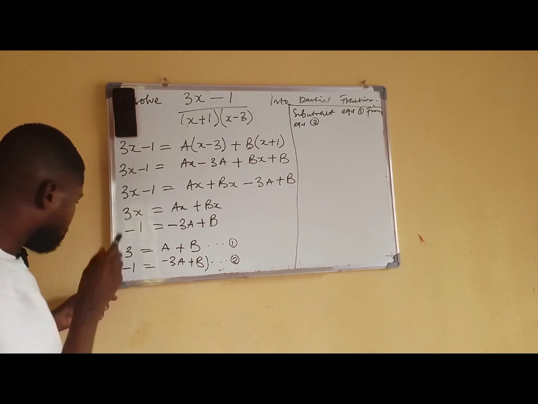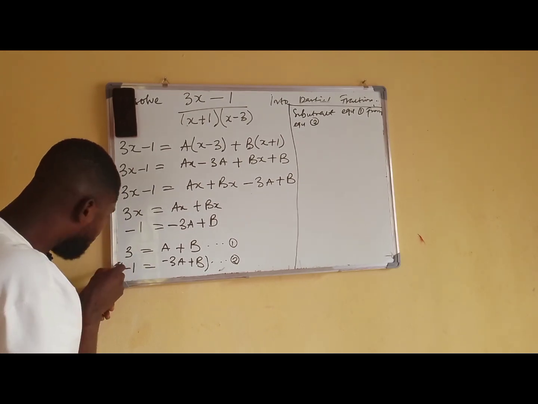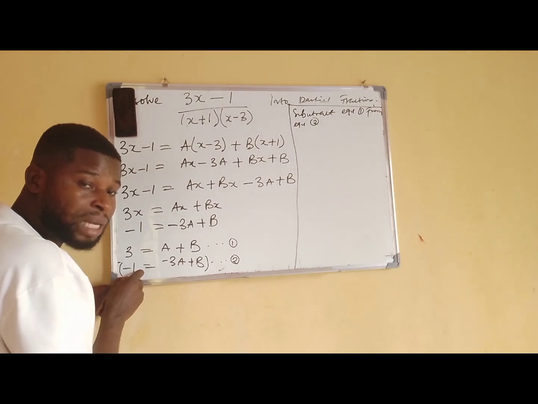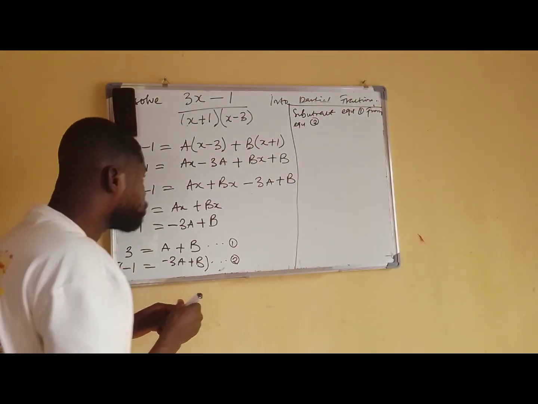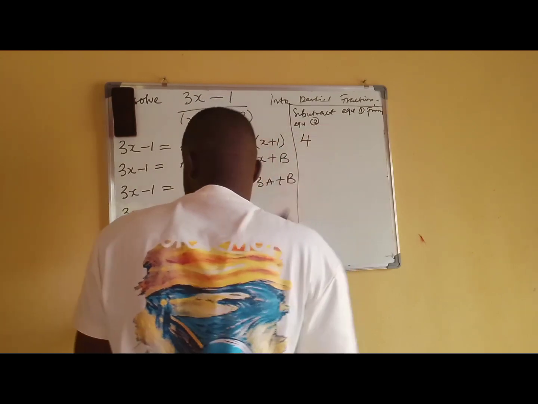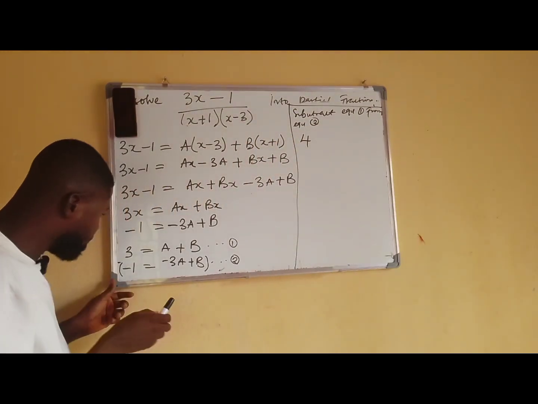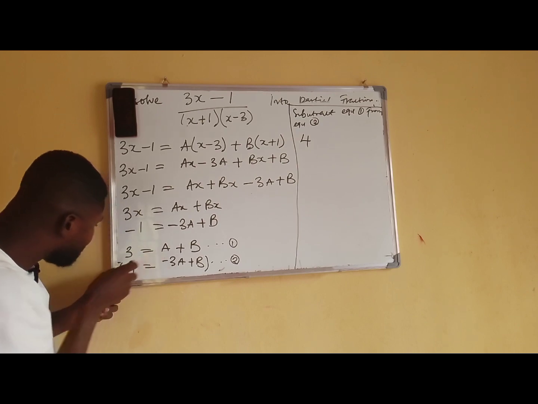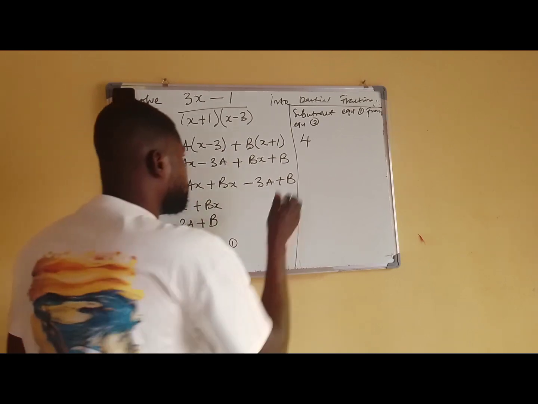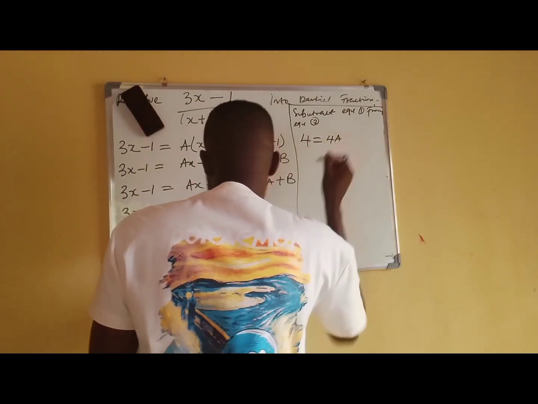So that it will now be 3 minus 1. Are you getting what I'm saying? It will now be equal to 4. Now you come back to say a minus 3a will be equal to 4a.